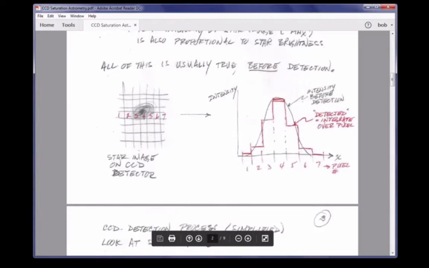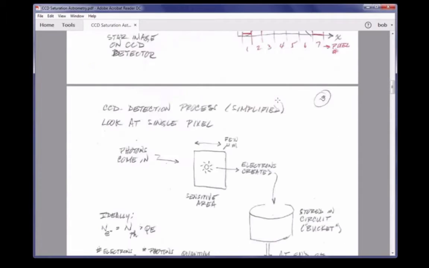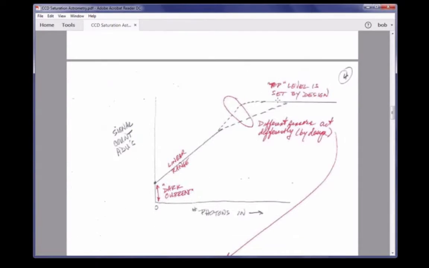Okay, go up to the sort of histogram looking thing. In a normal star image that is not overstressing any of the pixels, the brightest pixel will be one of these, and it'll be one of those. Keep that brightest pixel in mind, and let's go back to the linearity curve.